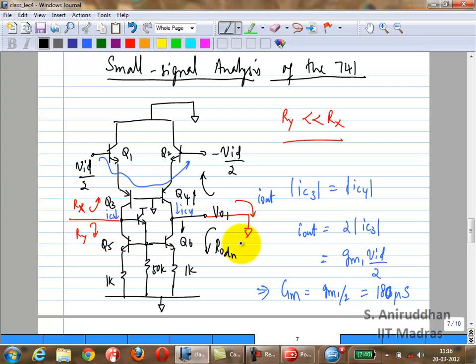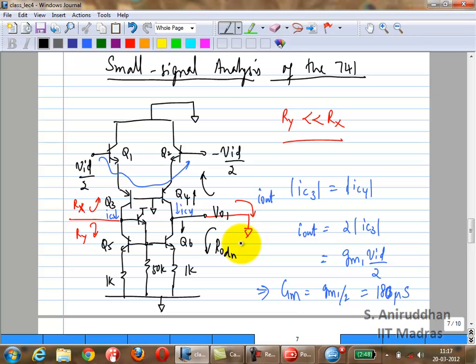GM6 into RO6 into 1 kilohm. Is that right? Do you remember the exact expression? For a cascode, normally we use the gain of the cascode, GM times RO, times the resistance at the bottom. Does anybody remember the accurate expression for that?